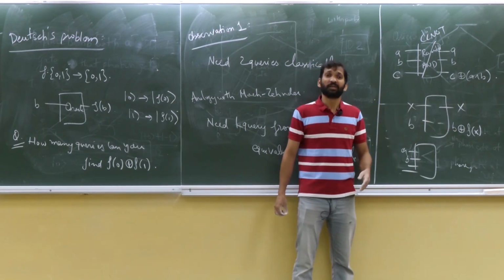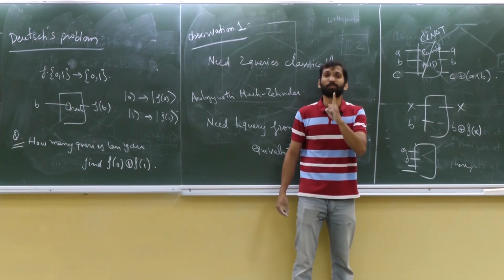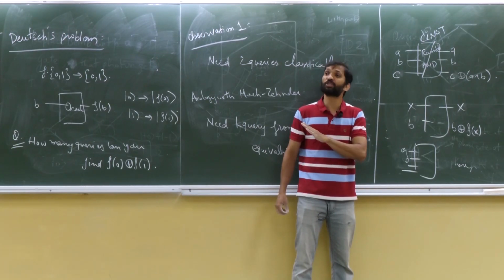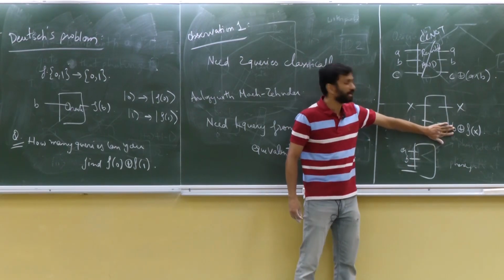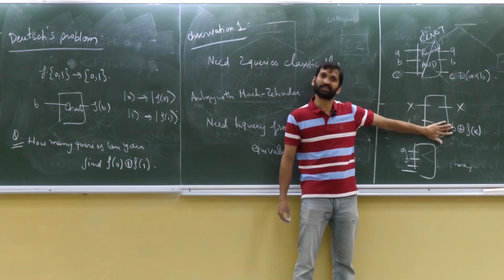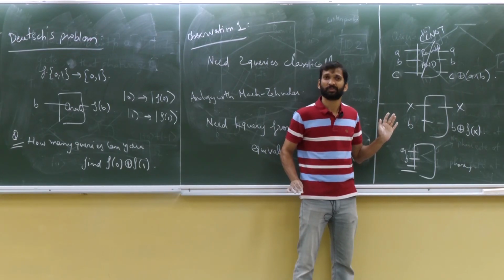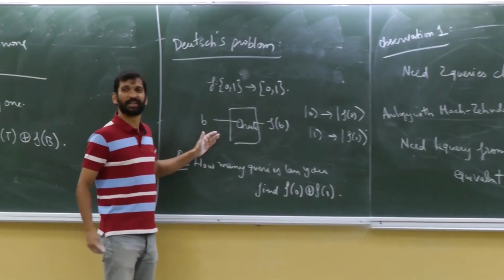Okay? And another justification is that using this oracle, you can get at most 1 bit of information from one query. This is called Holevo's theorem. It is known. So what I'm trying to say is that it is justified to give this as the quantum oracle, as well as the classical oracle. So in Deutsch's problem, the oracle was specified like this.